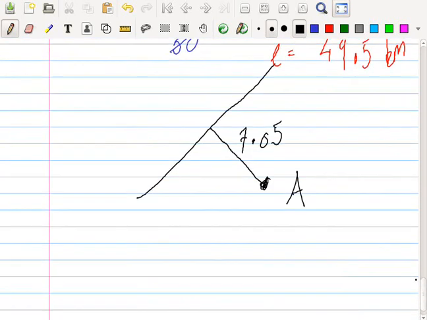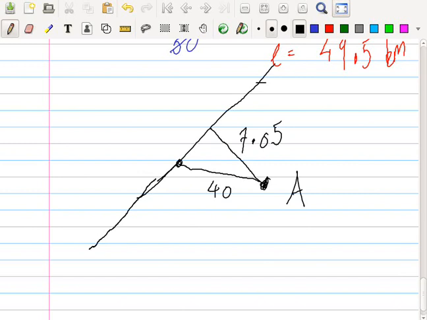Okay. Yes, ready for the B part? Now in the B part, it says that they can radio each other when they're 40 kilometers or less apart. So B is going to be heading along here, and then at some point it's going to be 40 kilometers away.